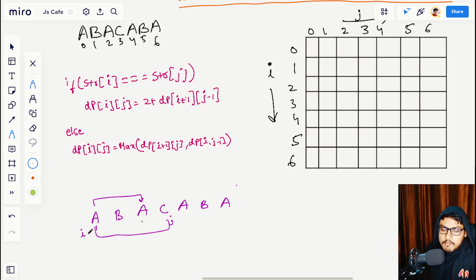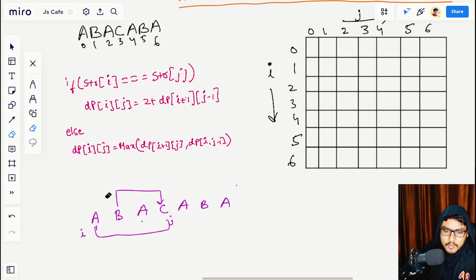So we will see the maximum LPS from I to j minus 1, or we will find the maximum LPS from this index to this index, which is I plus 1 till j. So we take the maximum of dp of I plus 1, j and dp of I, j minus 1. Whatever the maximum value is, that would fill our dp of I, j.